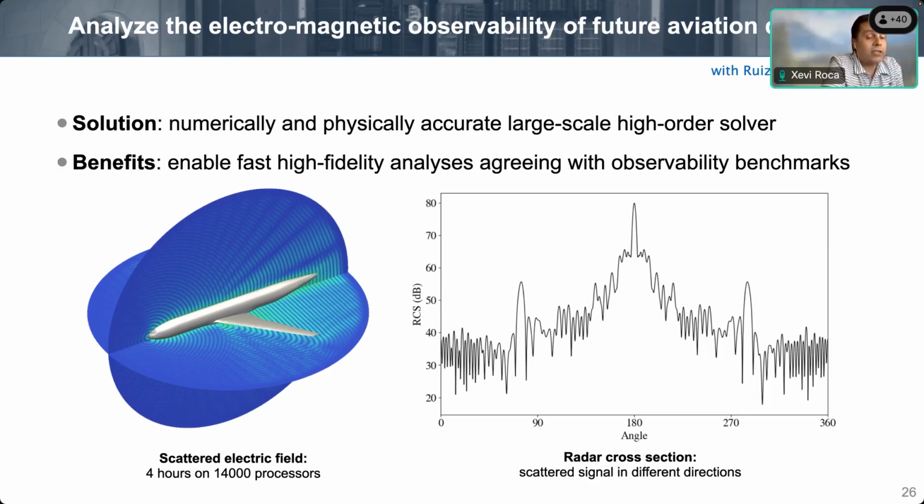This is actually the NASA Common Research Model, used as a perfect electric conductor. And you can see the scattered electric field on the left-hand side. These results were obtained in 4 hours using 14,000 processors, CPUs, not GPUs, because this is the prototype. And Josep de la Puente is actually pushing a demonstrator that is going to run also on GPUs. And on the right-hand side, you are going to see what the engineers are really interested in.